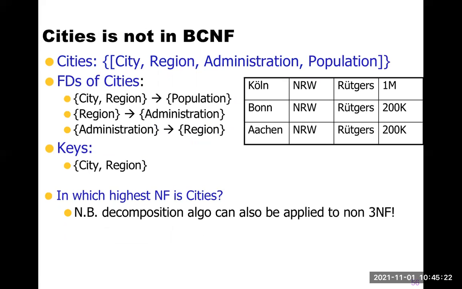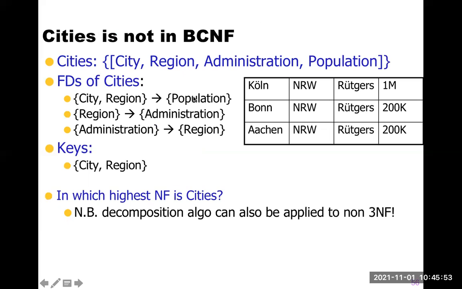Let's see another example. We have a table of cities. For each city, we know which region it belongs to. Administration, let's say that's a mayor or a governor or someone who administers this city or this region now. So we have the same administrator for a region, and population for the city.